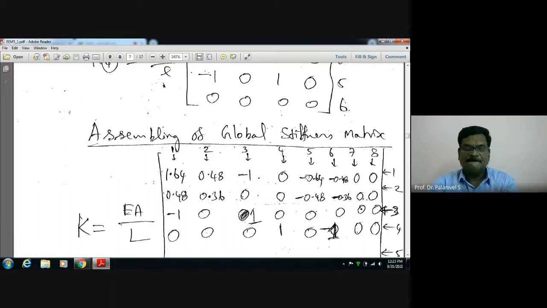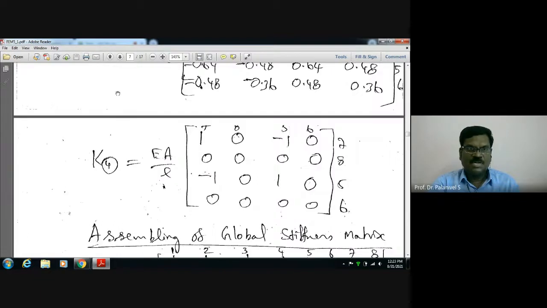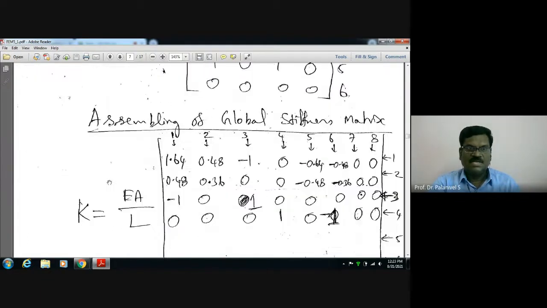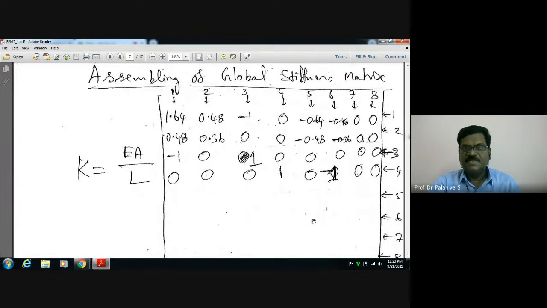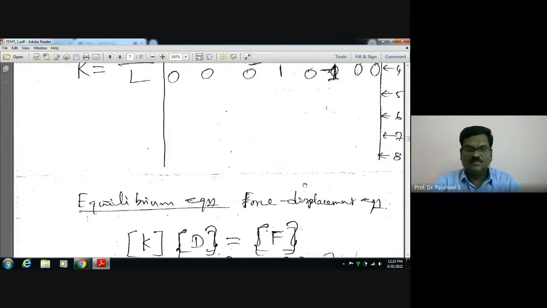This way you will obtain the global stiffness matrix, capital K. These are the small k1, k2, k4 for each element. I have just shown the steps. Please complete it. It's incomplete, and I advise you to complete it.